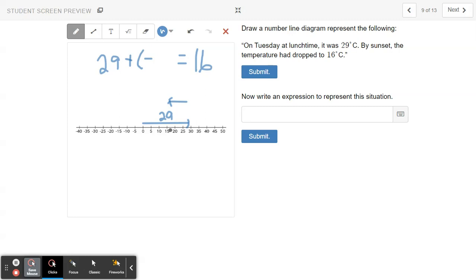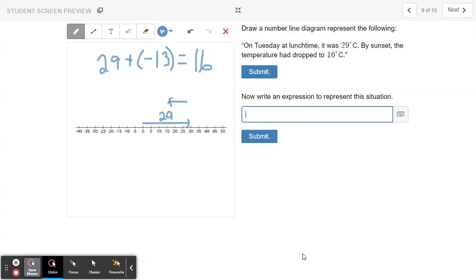So that's 14. However, this isn't 30, is it? So it's like one backwards, one less, right? So it'd be 29 to 25 is 4. And then that would be another 5. So that's 9. And then 10, 11, 12, 13. So we're actually adding a negative 13. And we end up with 16.